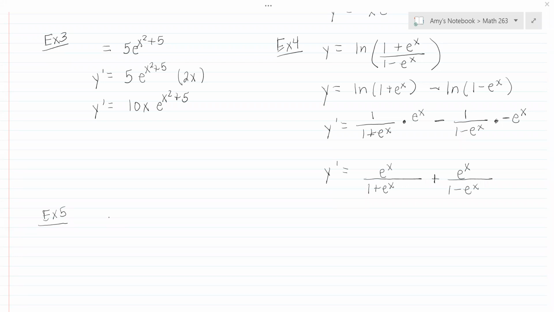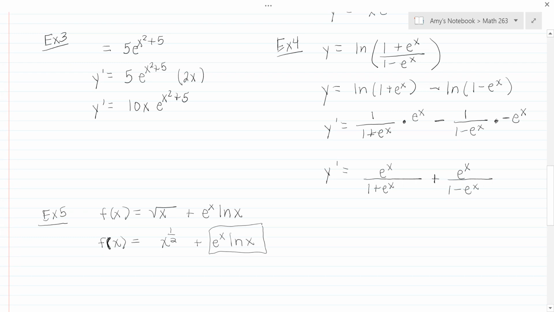The next example is the square root of x plus e to the x times the ln of x. The derivative here. First, before you start taking the derivative, you want to rewrite this, x to the 1/2. You're going to be able to take the derivative of x to the 1/2 like you've always taken a derivative.